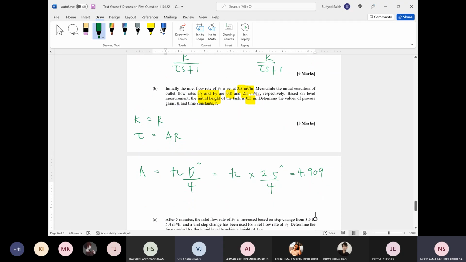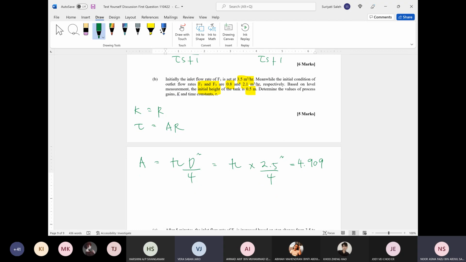Based on part B, they give you the information of the initial inlet flow rate F1 bar, 3.5. Initial condition of the outlet F2 bar, 0.8. F3 bar, 2.1.